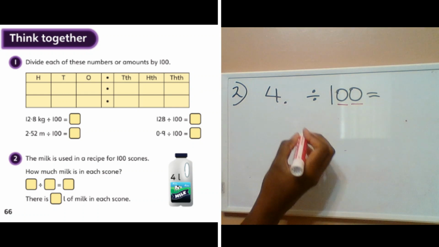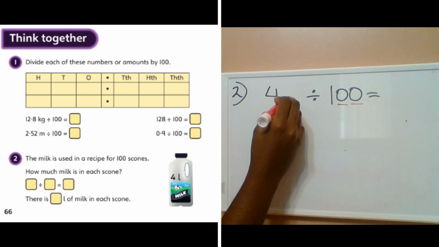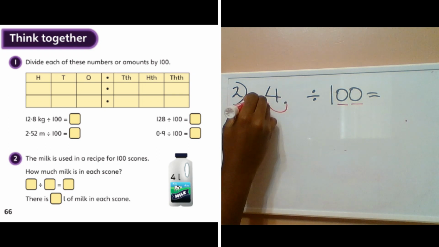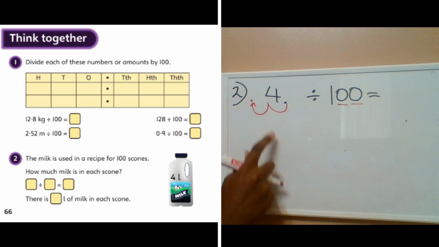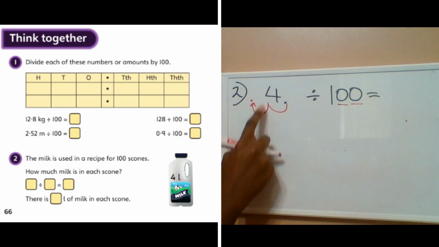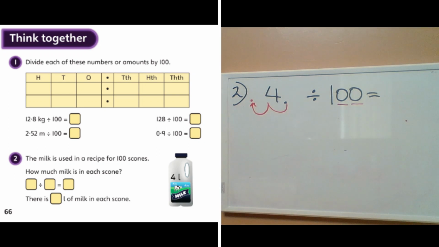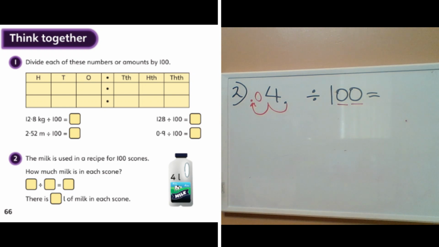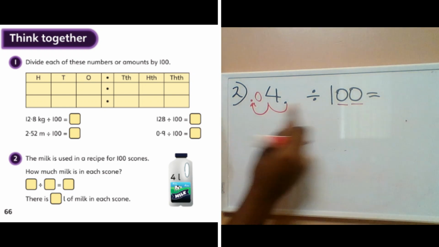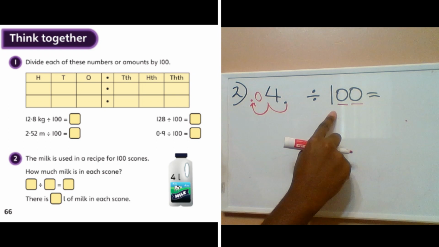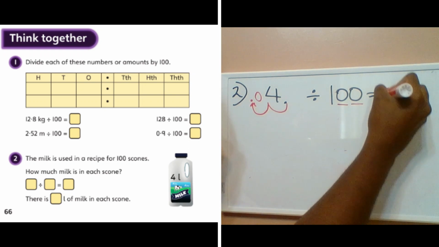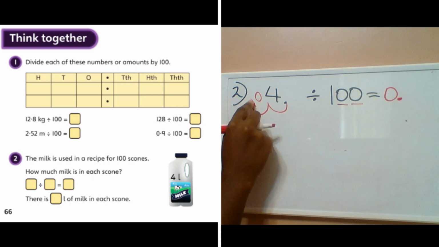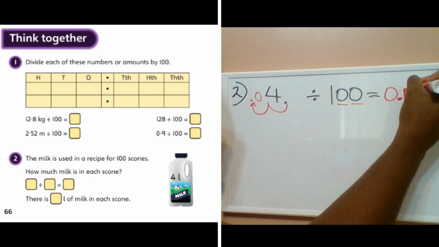And I'm making my number smaller because I'm dividing, so I have to move my decimal point forward. 1, 2. My decimal point will now appear here. But notice on my second jump, there was nothing above it. So what do I have to put there? A placeholder. Otherwise, my answer won't be correct. So when I take 4 liters and split it up amongst 100 scones, I end up with 0.04 liters.